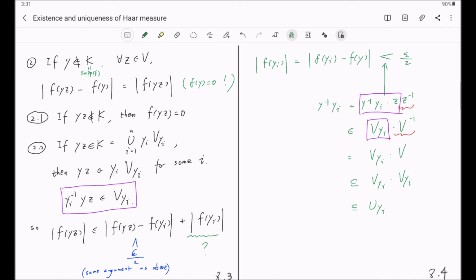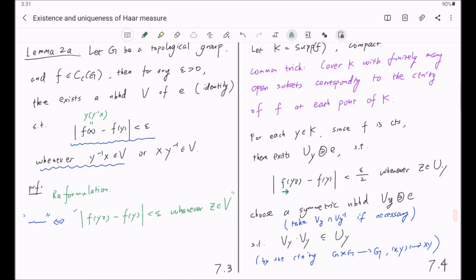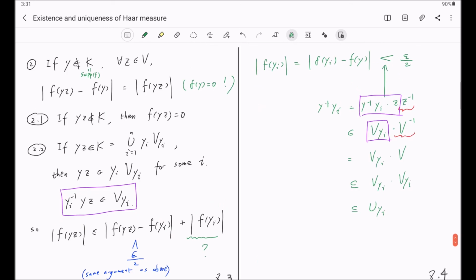Now by the continuity we started with, this epsilon value is bounded by epsilon divided by 2. So this guy is less than half epsilon, and so is this guy. In the end, we get the absolute value of f of yz is less than epsilon, which is the same as saying that f of yz minus f of y has an absolute value less than epsilon, because f of y here is 0.